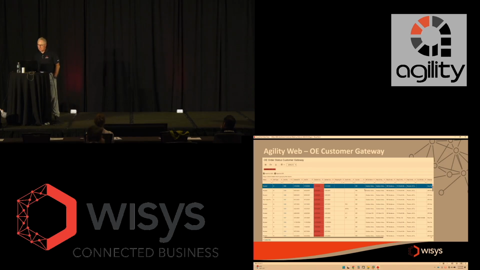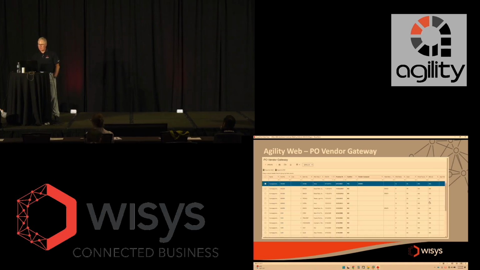And in this example here, the PO gateway, you can see some things that are in bold. Those things that are in bold are designed for you to do input. These are just user-defined fields.